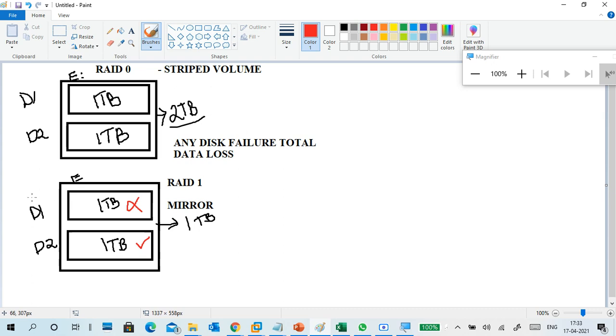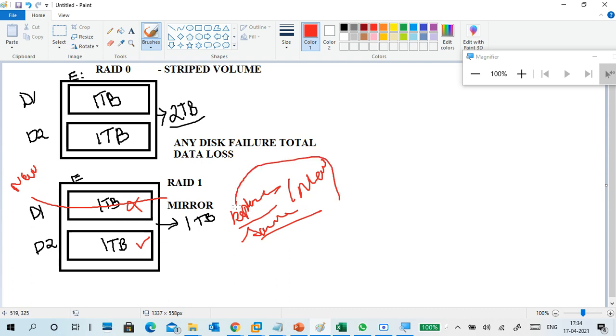Now I remove this disk, repair it, and reinsert a new disk or the old disk. I replace the disk with a new disk or the same disk.